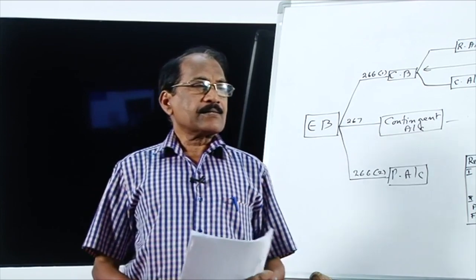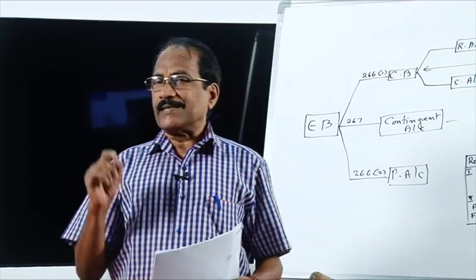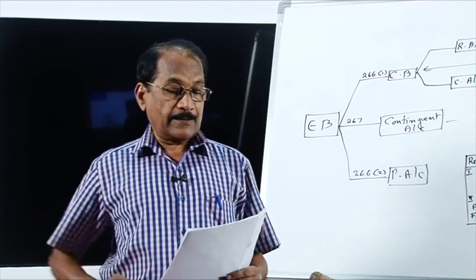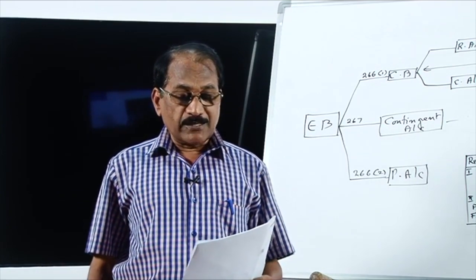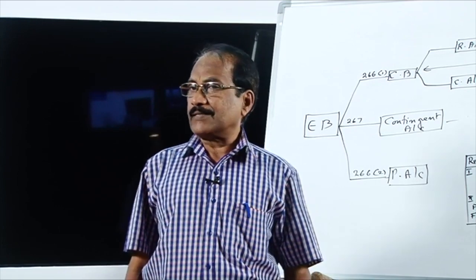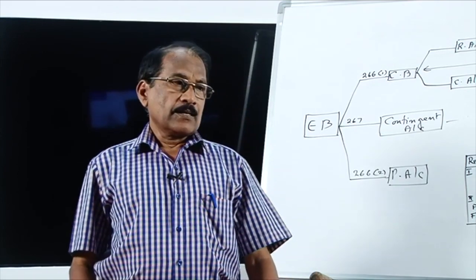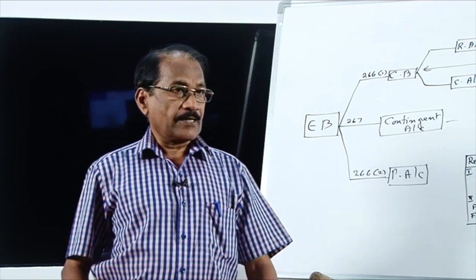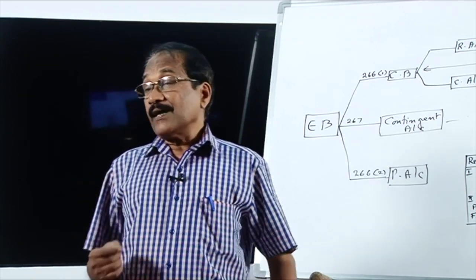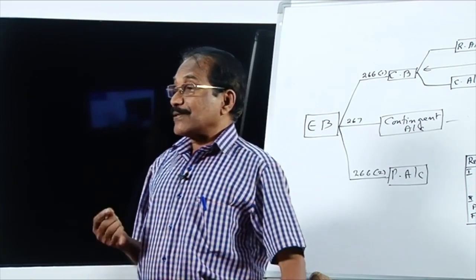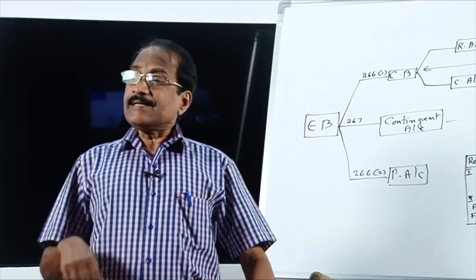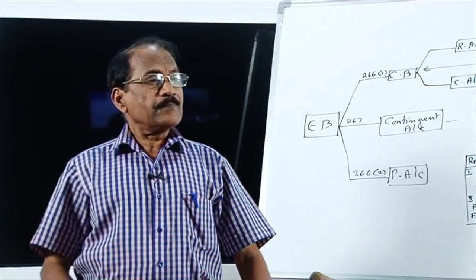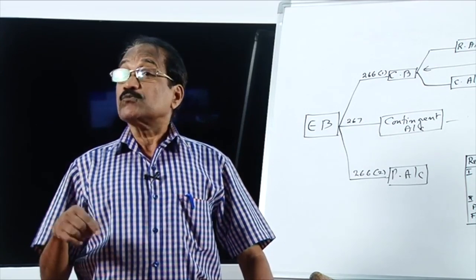You have to check whether each statement is or is not correct. Number 1: Department of Revenue is responsible for the preparation of the union budget. Is it wrong? It is the Department of Finance that is responsible for the preparation of the union budget, not the Revenue Department. Within the Finance Department, the subsection Economic Affairs is more responsible.